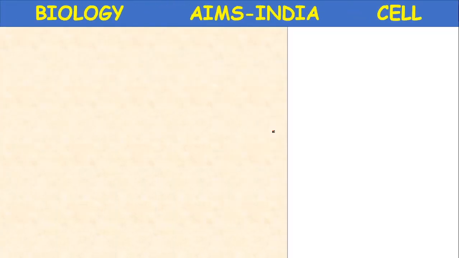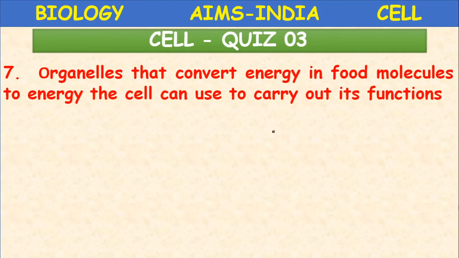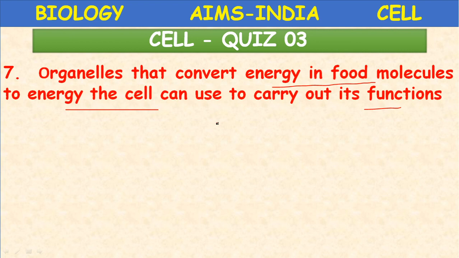Next. Organelles that convert energy in food molecules to energy the cell can use to carry out its functions. The energy present in the food molecules is converted into metabolic energy, we can call it.